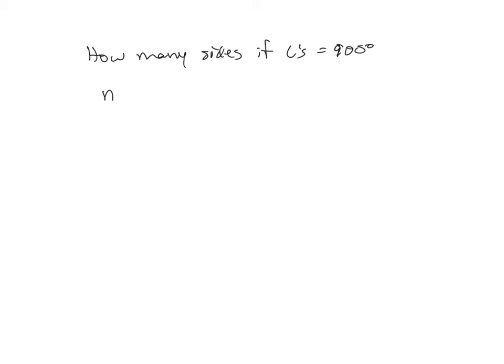You're still going to use the formula, you just know that the answer is 900. You could distribute, but that's going to make things a lot harder than it needs to be. You can just divide by 180. Don't do anything with the n minus 2.